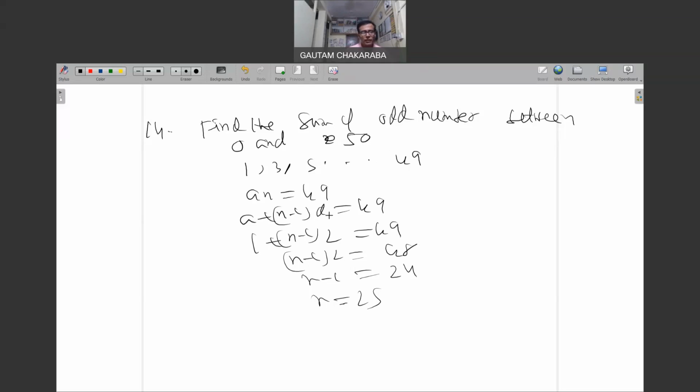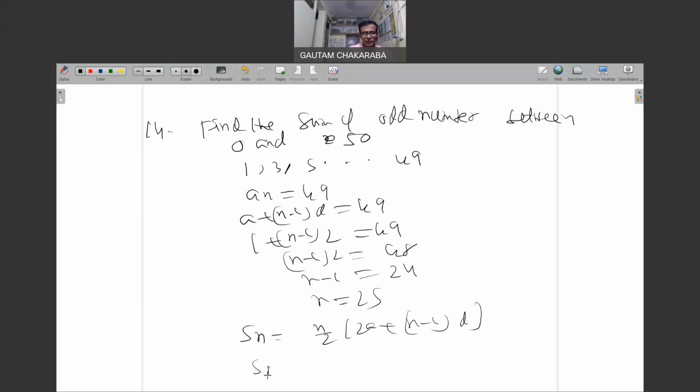But for the exam, if the marks are 3, then you show the number of terms. For 2 marks you can directly say the number of terms is 50 divided by 2, which is also 25. After that you calculate Sn is equal to n by 2 into 2a plus n minus 1 into d.